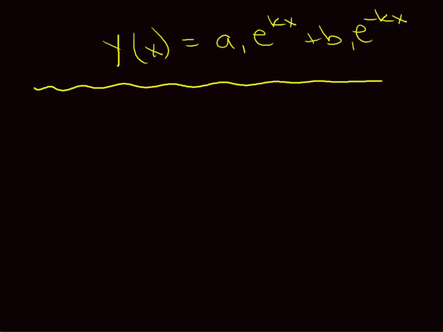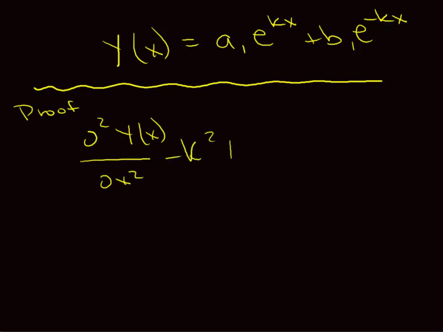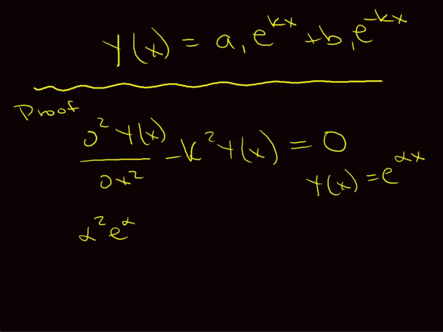Now let's take a step back to make sure that we have our math aside and our proof for what we just derived. So we've got our second partial derivative of our function y of x minus k squared y of x equal to 0. And let's recall that y of x is e to the alpha x. And so we're going to substitute in our y of x to get alpha squared e to the alpha x minus k squared e to the alpha x equals 0.